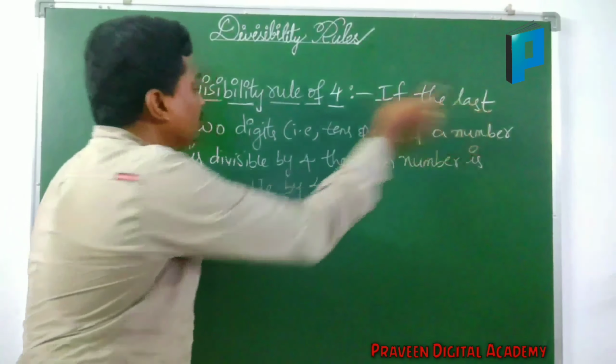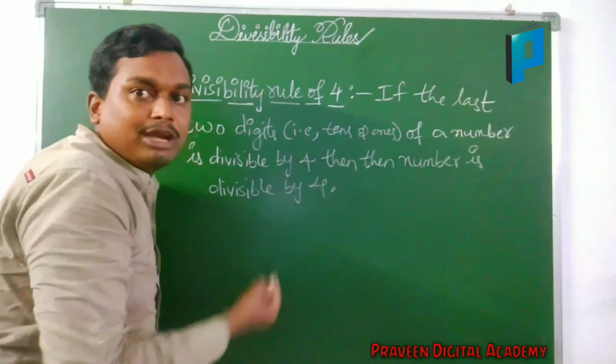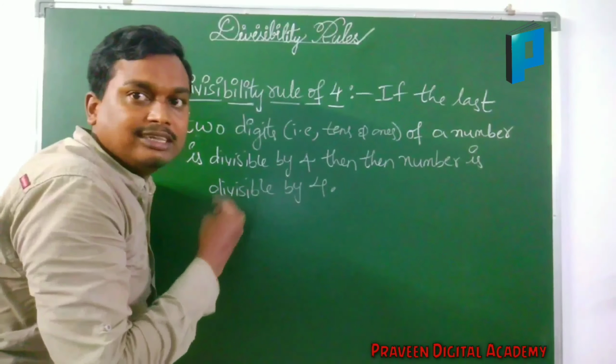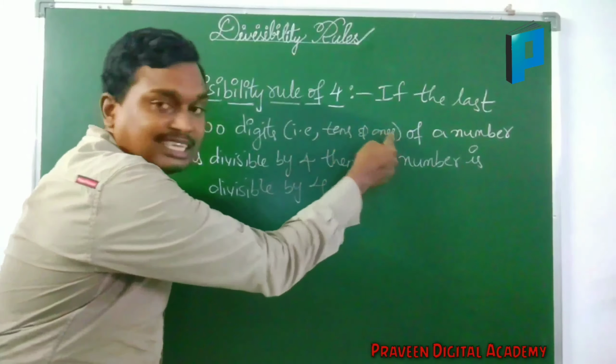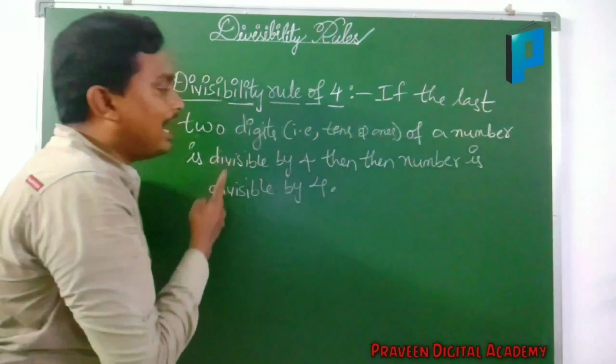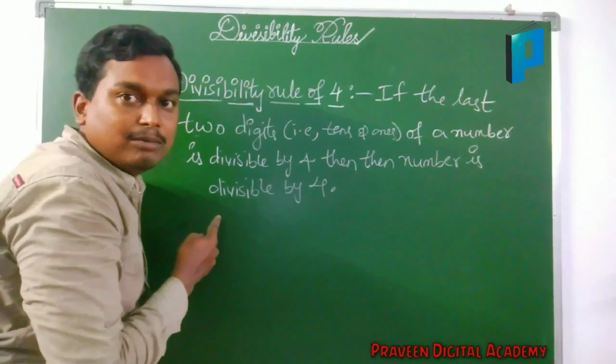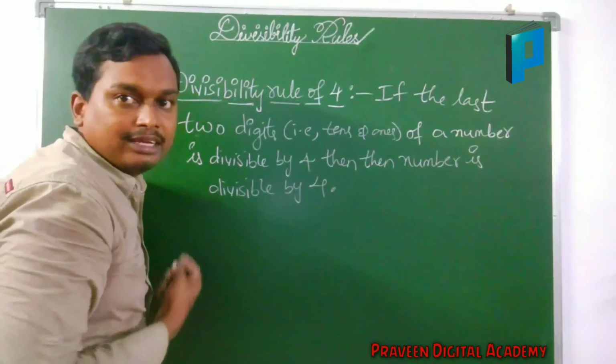Here the last two digits, that is tens and ones. Every number will have last two digits, tens and ones. If this tens and ones of any number is divisible by 4, then such type of number is divisible by 4, we can say here.